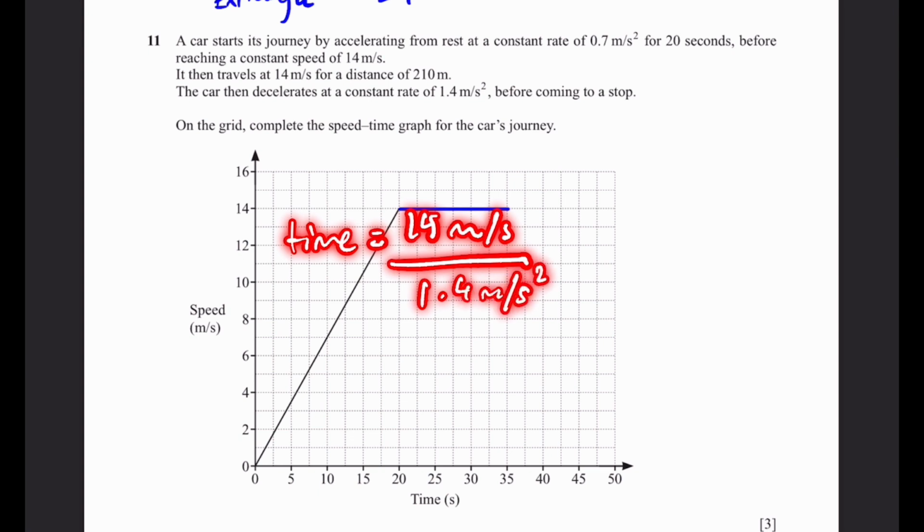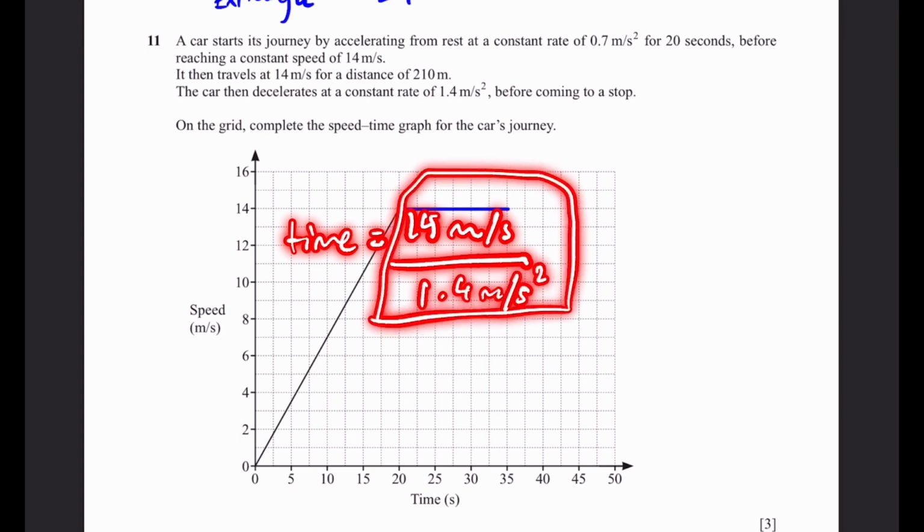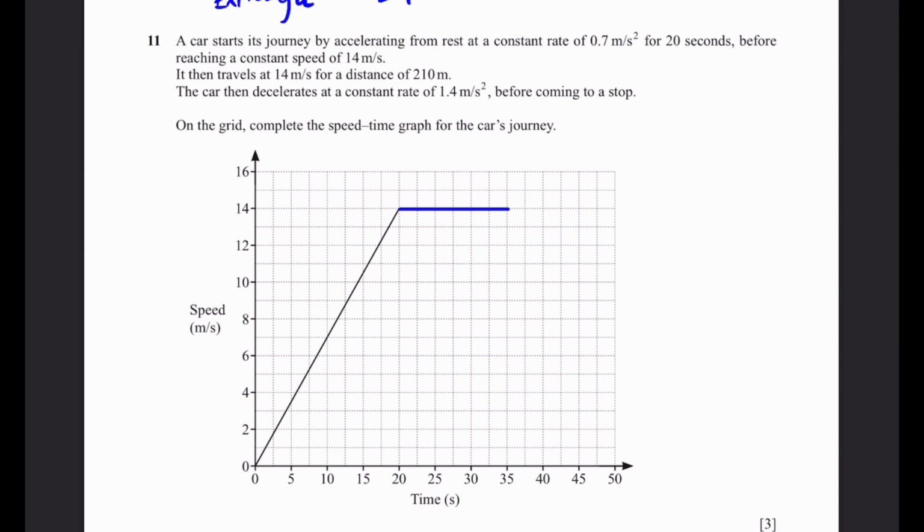In this case it's deceleration, but that means we'll find the amount of time over which it decelerates. So that will be equal to 10 seconds. So you can draw a sloping line which goes 10 seconds before coming to a stop, like that. Because at 45 seconds, it has to come to a stop. So we have 2 points, draw a line using a ruler to join them.